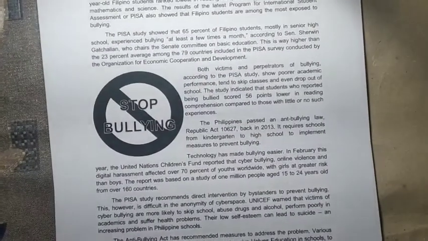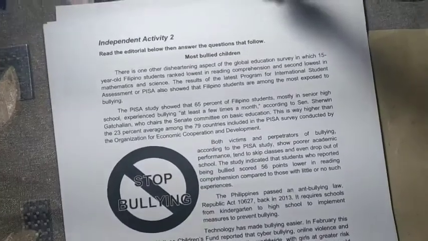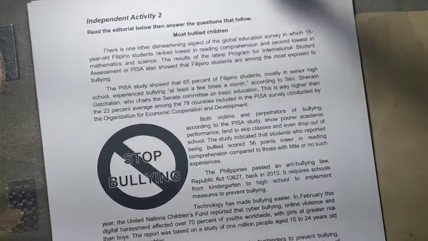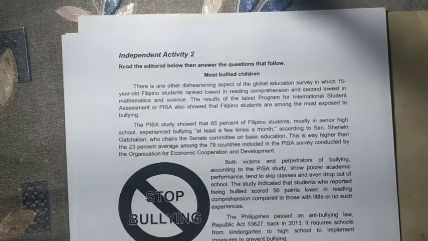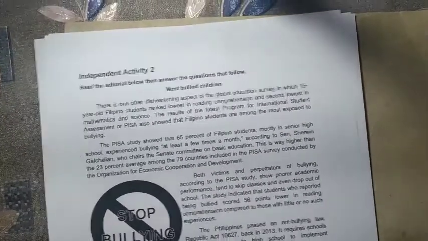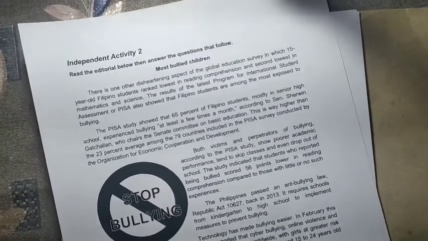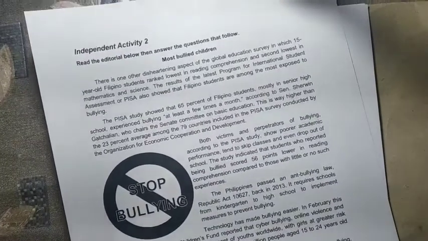In independent activity number 2, you will read the editorial. And like what I have said, editorial is one example of an exposition. So the editorial below is entitled Most Bullied Children. It's also about cyberbullying or cybersecurity, about how the internet affects us.